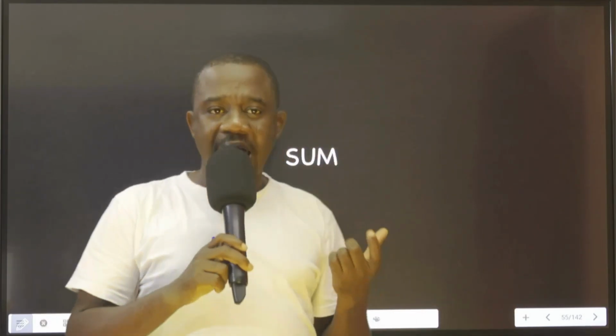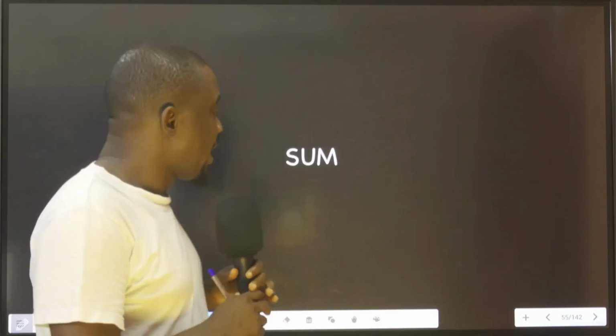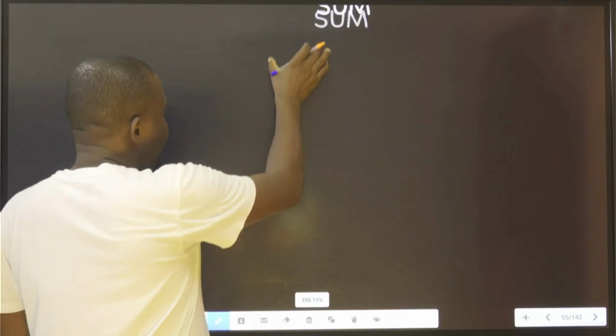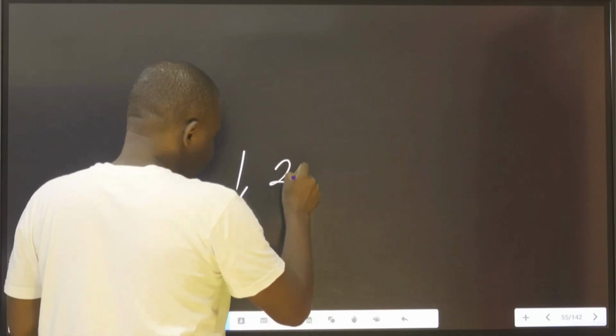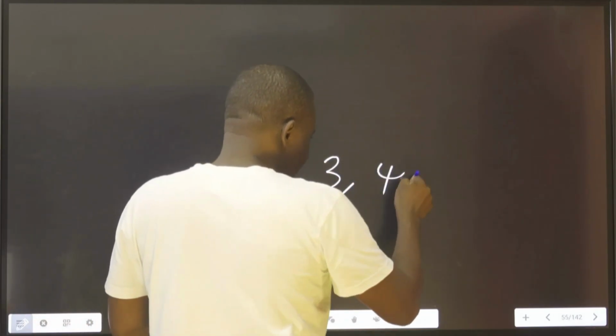In this session, we're going to look at series. That is the sum of any sequence. But in this session, we're going to look at the sum of an arithmetic progression. Okay? I want to show you something. You have this. You agree with me, this is what?